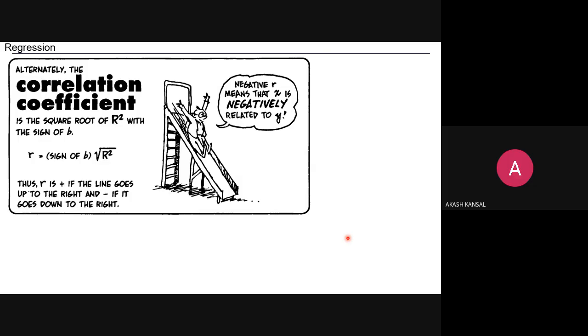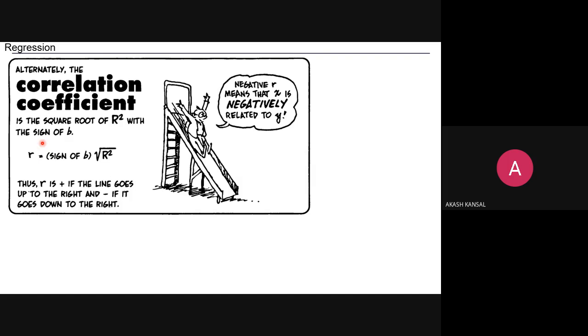Also, we look at the correlation coefficient, which is just the square root of R squared, and its sign will be the sign of b. So R is equal to sign of b times the square root of R squared. R squared is never negative, but the correlation coefficient R can be positive or negative.